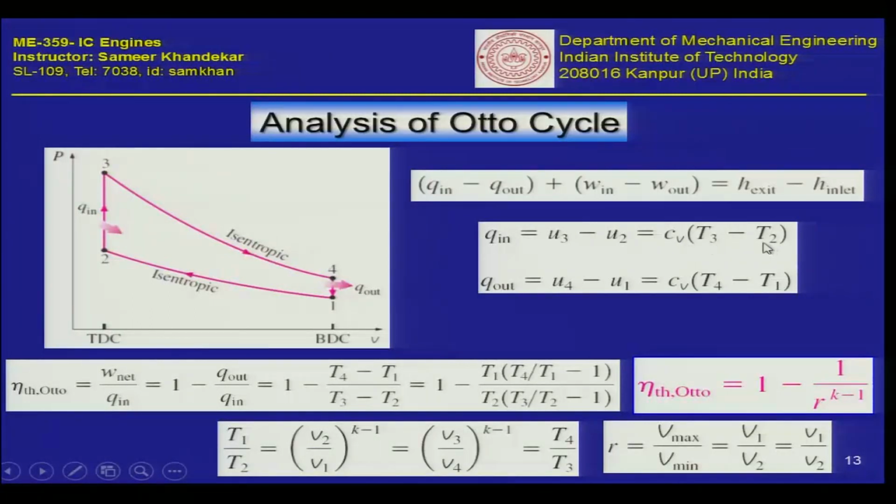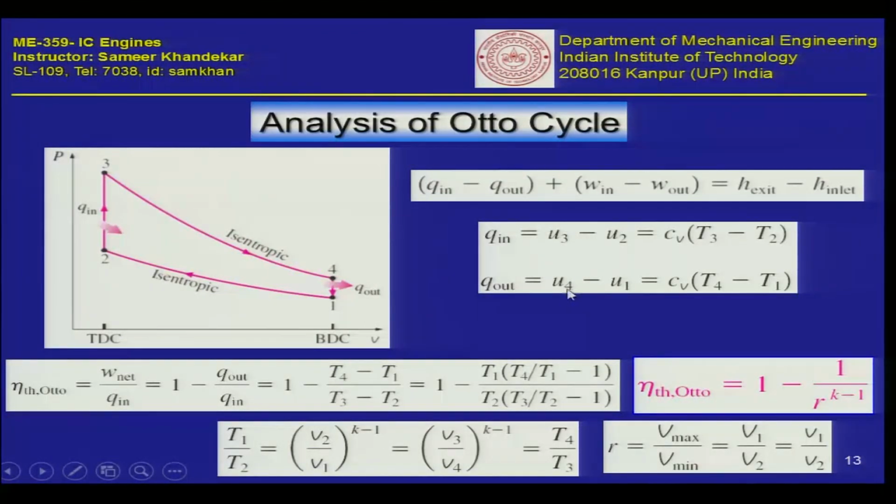So, Cv into delta T. So, Q in is a heat addition at constant volume, which we can quantify, because if you know the temperatures T3 and T2 and if you know the Cv, although it is a function of temperature, we can assume it to be constant between the temperatures T3 and T2, take a rough calculation at an average temperature, and from there you can get the Q in. In a very similar manner you can get Q out.